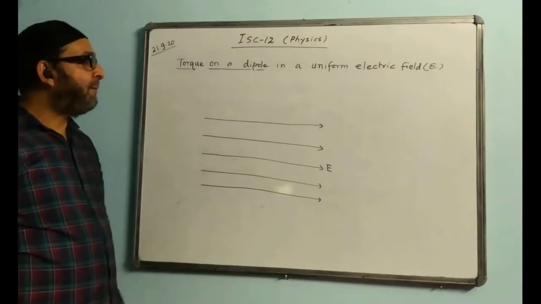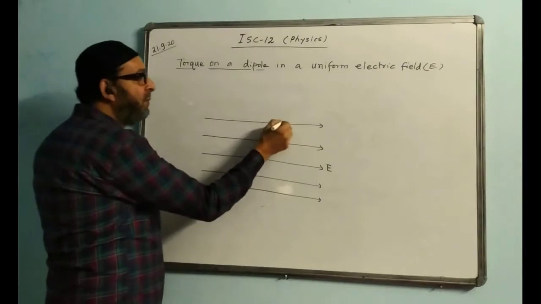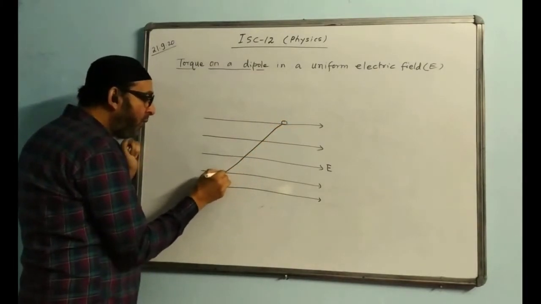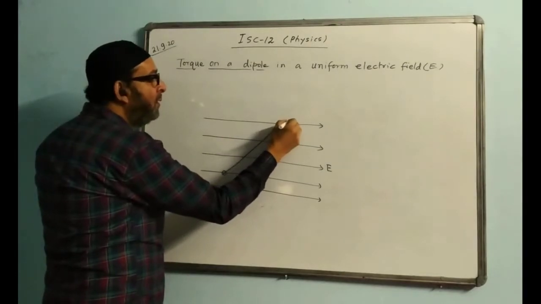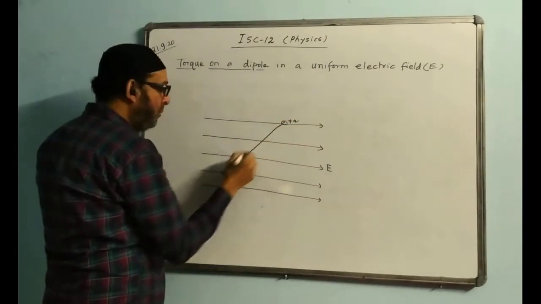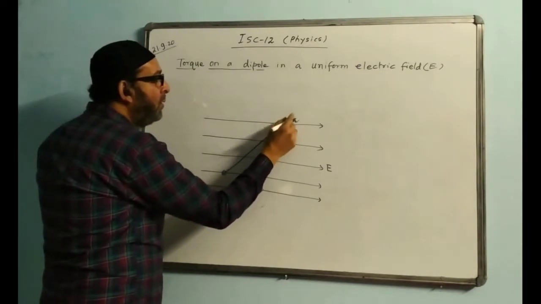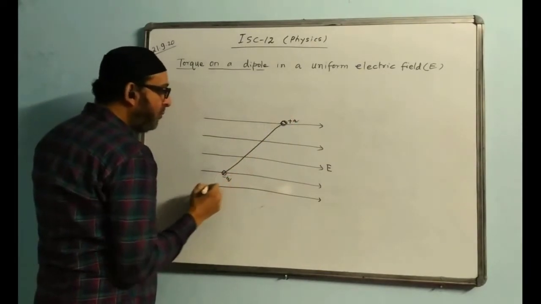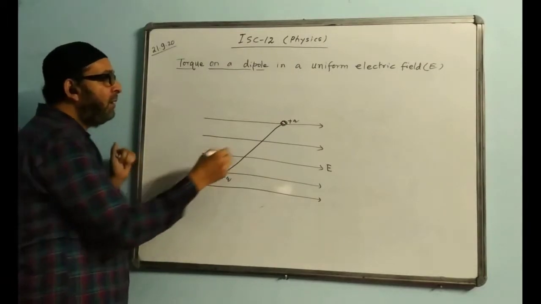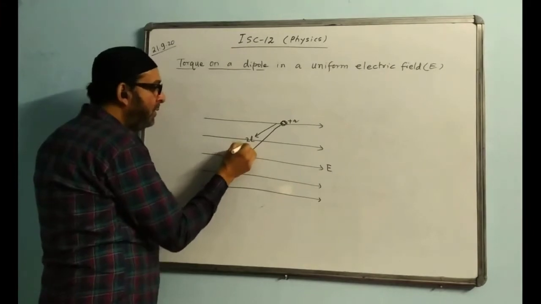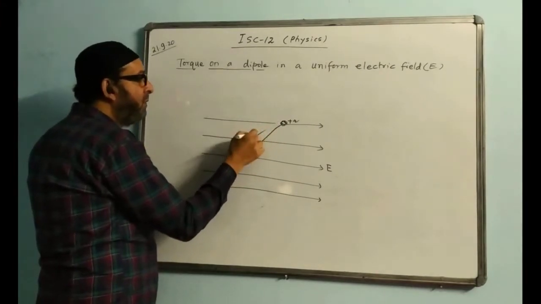Now we have a dipole. Let us make a dipole here like this. This is plus Q. This one is minus Q. The length of the dipole is 2L. So I take 2L. From here to here the distance is 2L.